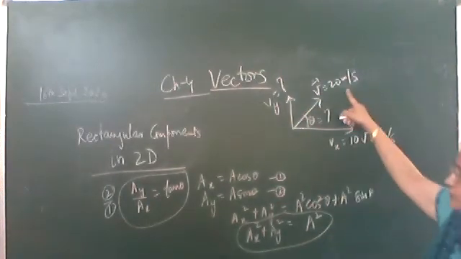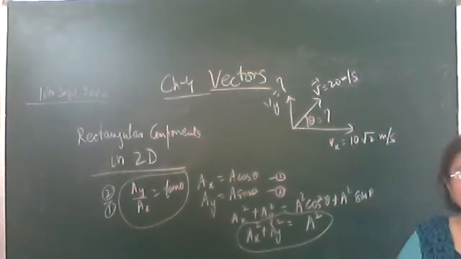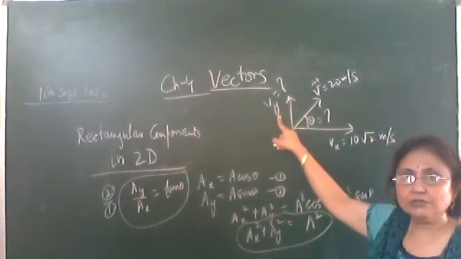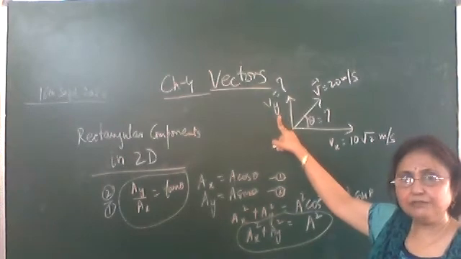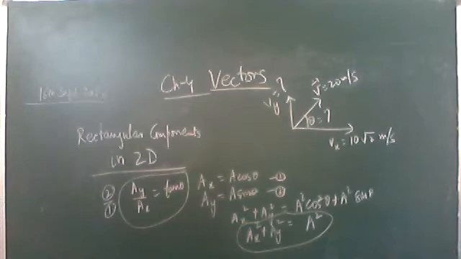A velocity of 20 meters per second acts along this direction, which has an x component of 10 root 2 meters per second. We have to find the y component Vy and also the angle which the velocity vector makes with the x-axis. Hurry up, you are given 15 seconds to solve it.